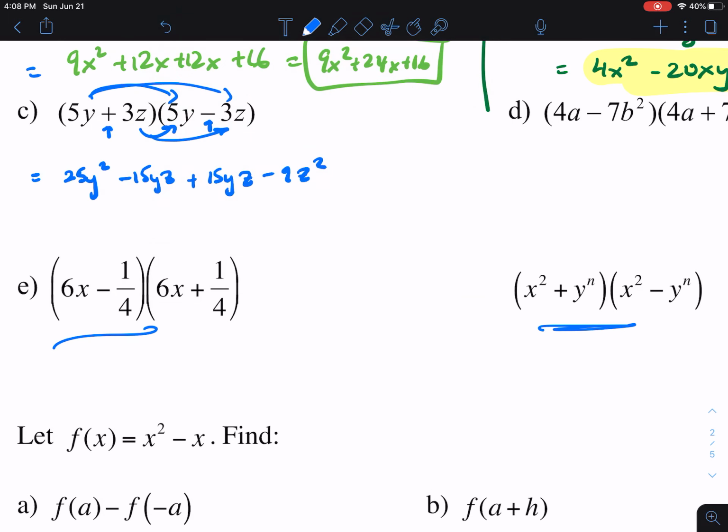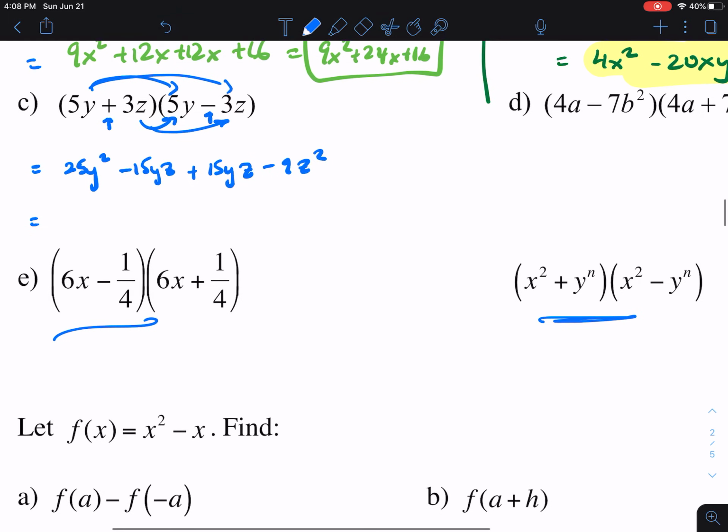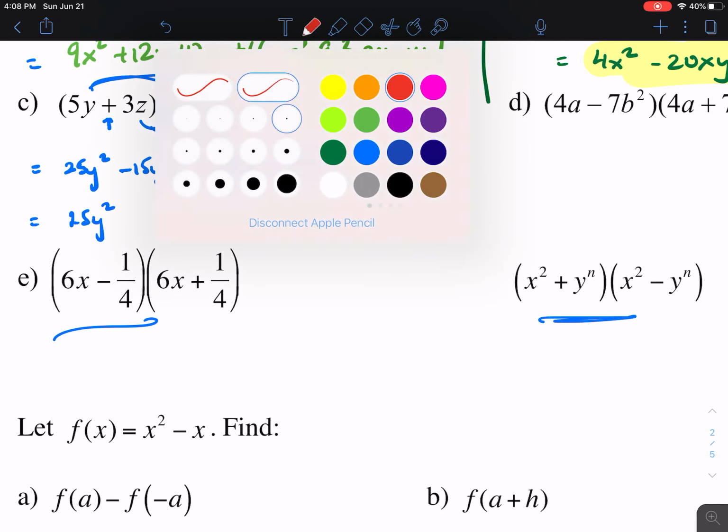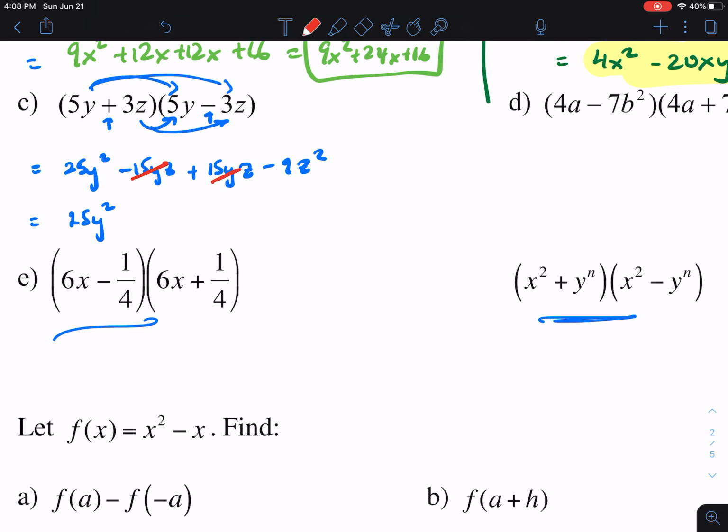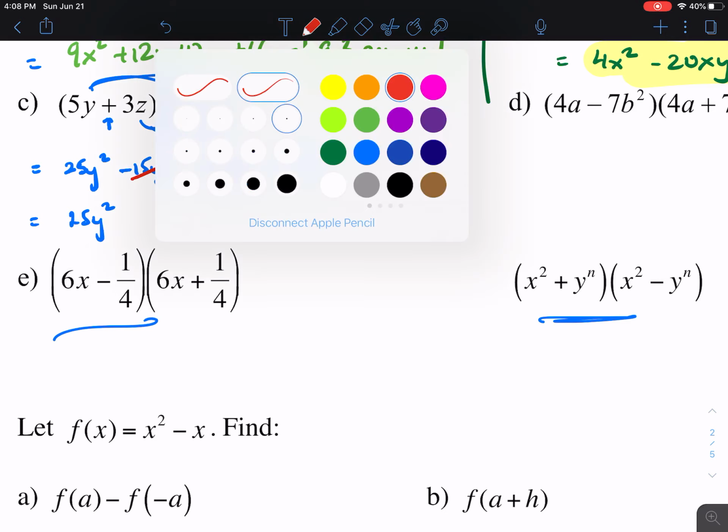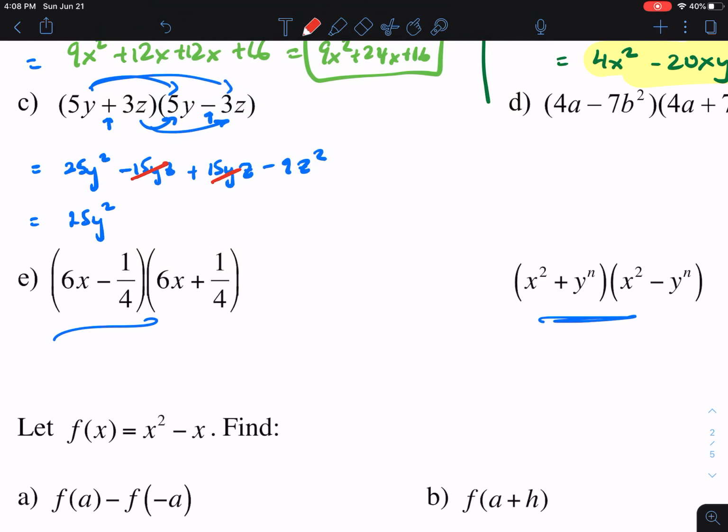So that will give us 25y squared, the positive and negative middle terms cancel out, so we're just left with 25y squared minus 9z squared. So it seems like the middle terms cancel out if we take a binomial times itself with the opposite sign in the middle. We just square the first term and then subtract the square of the second term, and that's what we got there.